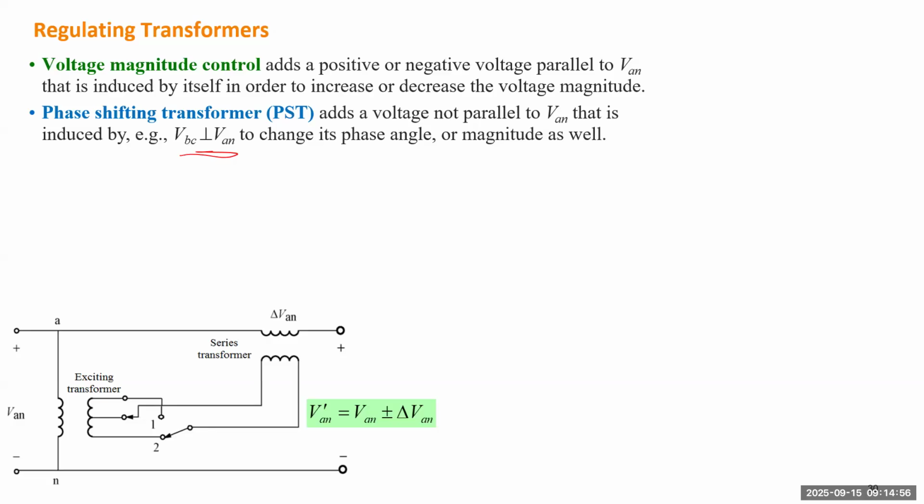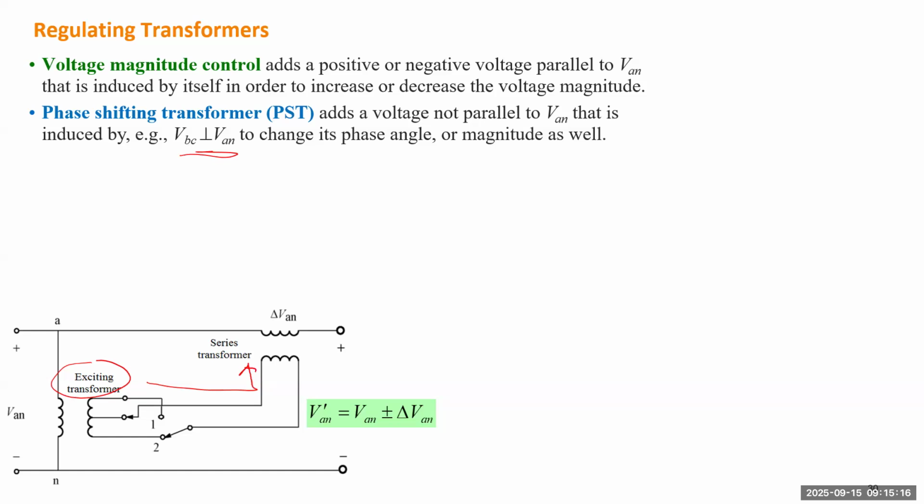The regulating transformer has two components, basically two transformers. The first is called the exciting transformer, that just takes voltage from the original phase. Then it will give that voltage into this series transformer.